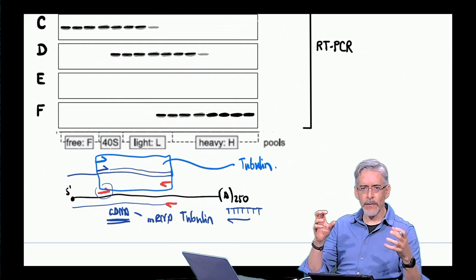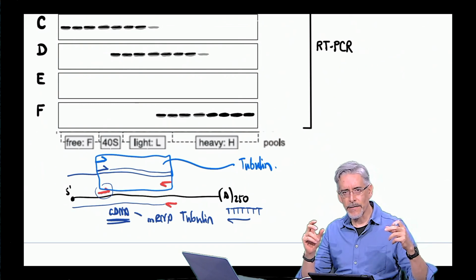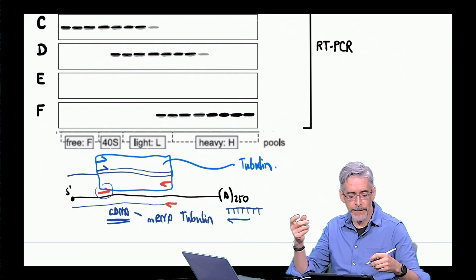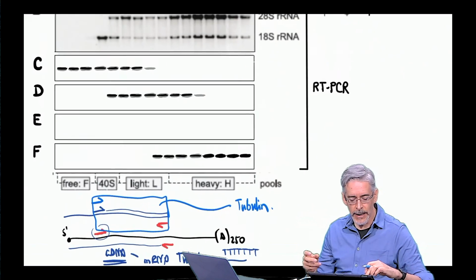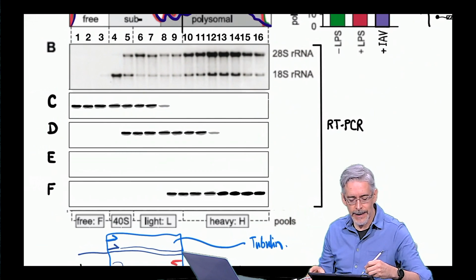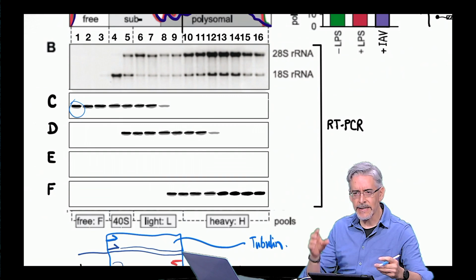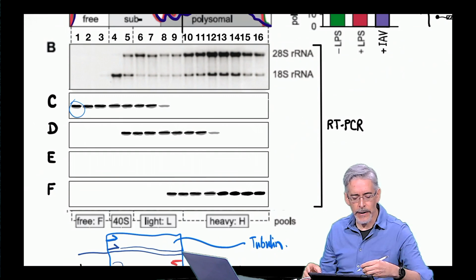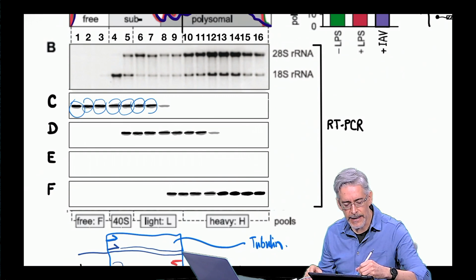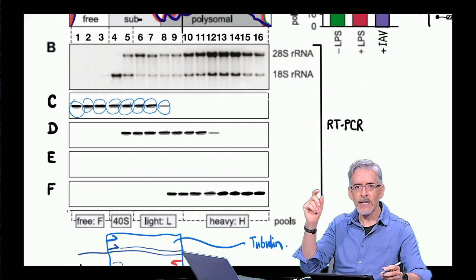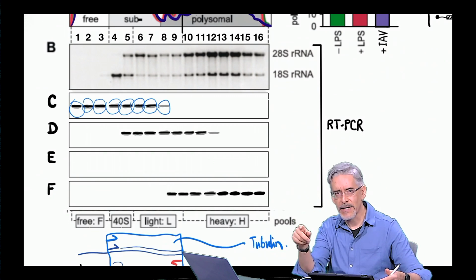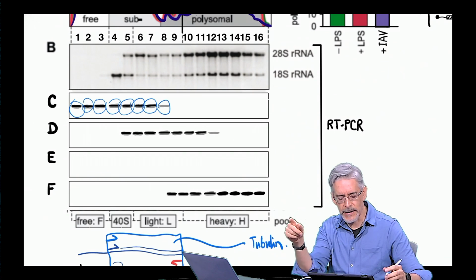So whenever you have the messenger RNA coding for tubulin, you will be able to amplify that PCR product, and that will give you a band. And that band will be visible just as a band on a gel. So wherever you see the band, that indicates that that particular messenger RNA is present in that particular fraction of the sucrose gradient.